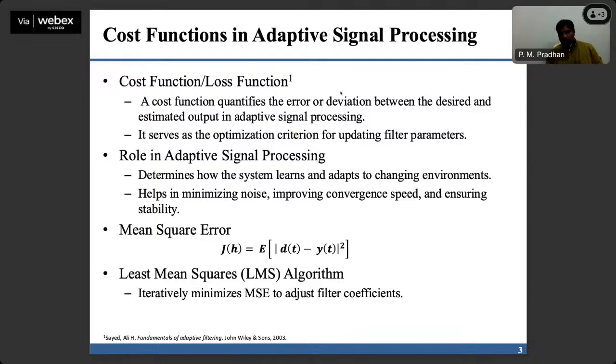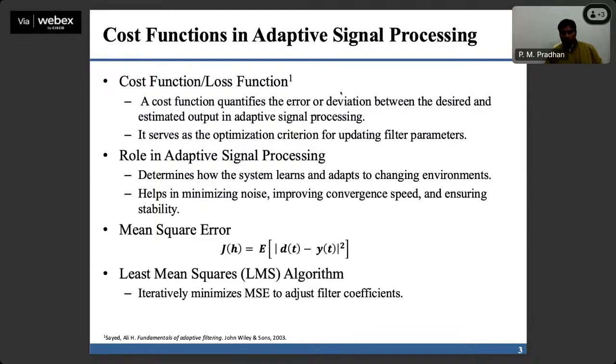Since it's a random assignment of weights, effectively we want to perform multiple experiments, Monte Carlo experiments, and then we take the average over those Monte Carlo experiments. So that's the reason that you have a cost function, which is expected value of error square.